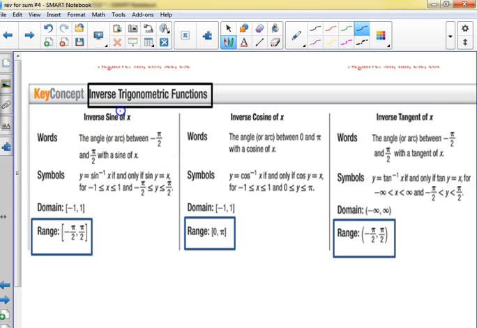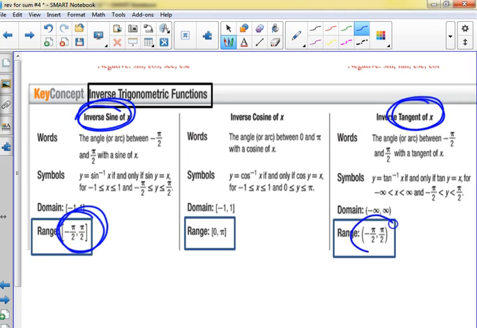This tells you when you are doing inverse sine, you need to answer, which 2 quadrants is that? Quadrants 1 and 4, and when you're down in 4, you need to call it negative something, right? And the same is true for tangent. 1 and 4, and call it negative something. If you're doing an inverse cosine question, it's in quadrants 1 and 2, and you don't have to renumber anything.